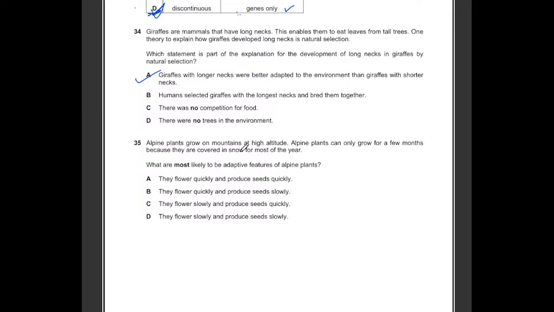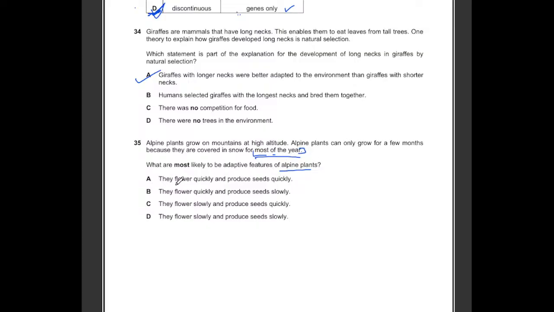Now, alpine plants grow on mountains at high altitude. Alpine plants can grow only for a few months because they are covered in snow for most of the year. What is the most likely adaptive feature of alpine plants? Now it is a colder region, so what should it be? Flower quickly and produce seeds quickly. If they have very little survival time, that means they can reproduce within this time, so growth has to be shown.